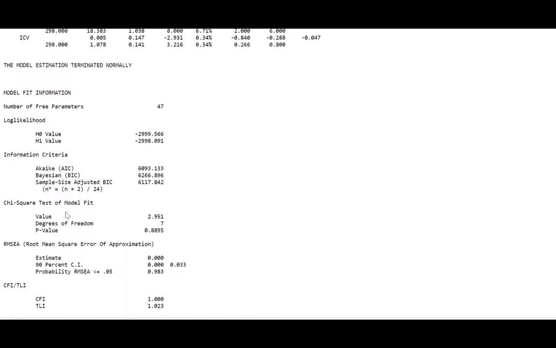So I basically just fixed it at its sample variance. And you do those things, and then you get the model estimation terminated normally, and you get very good-looking fit statistics, and you've got positive degrees of freedom, and you don't have 54 free parameters and that sort of thing.